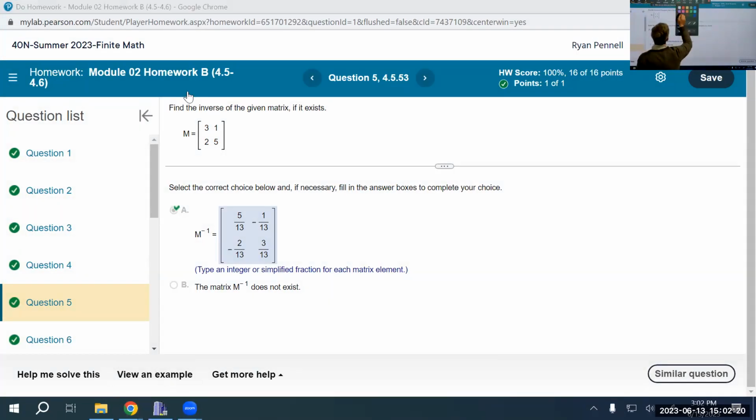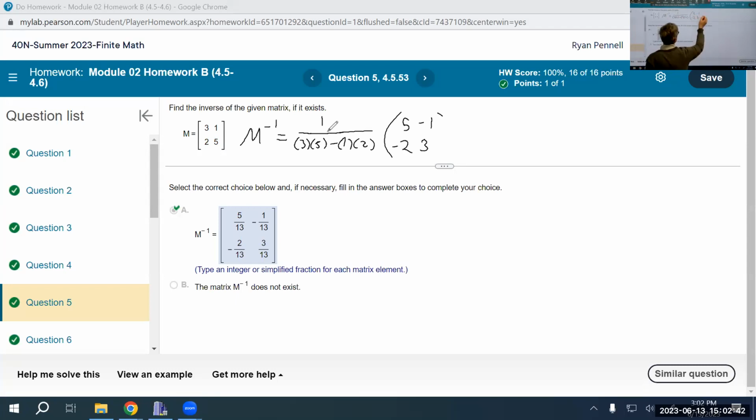Let's try the formula. So M inverse would be 1 over 3 times 5 minus 1 times 2, and then swap 5 and 3, and negate -1, -2.